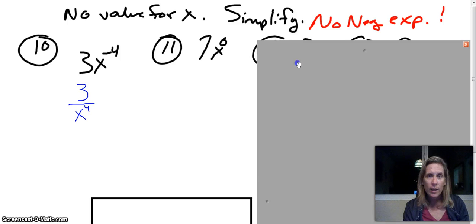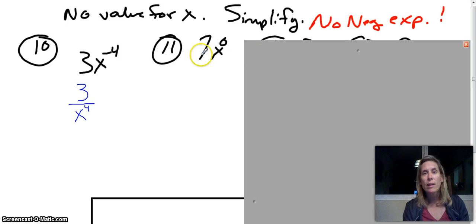Okay, let's try it again. We have 7x to the 0. So once again, only the x is being impacted by the exponent. So what is any number to the 0? Good. This is really saying 7 times 1. Good. So when we simplify that, we have the answer 7.